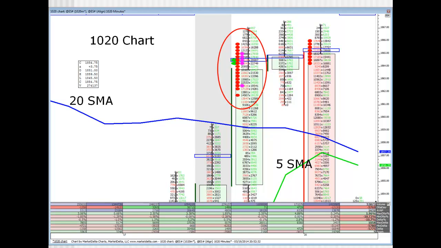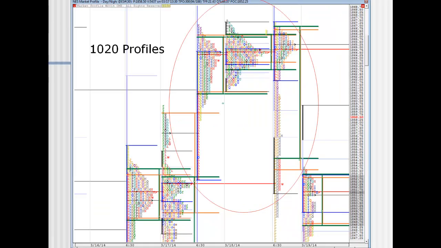If we take a look at the concentration of where the volume is, it's also kind of interesting in that we are top heavy. And this should not really be a surprise to you, because if you take a look at the profile, notice how most of the activity and most of the volume on the profile was up here.